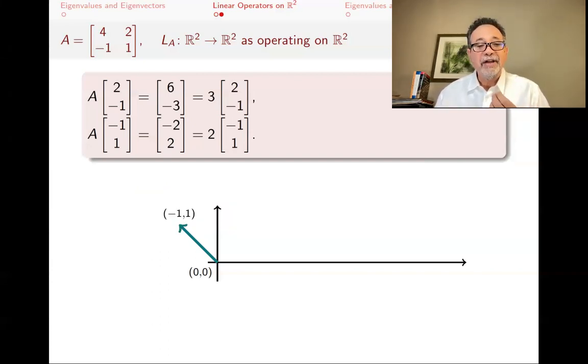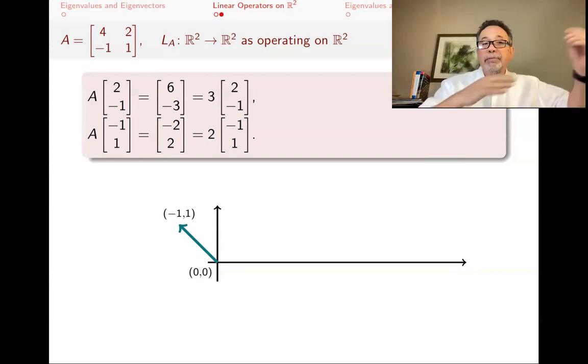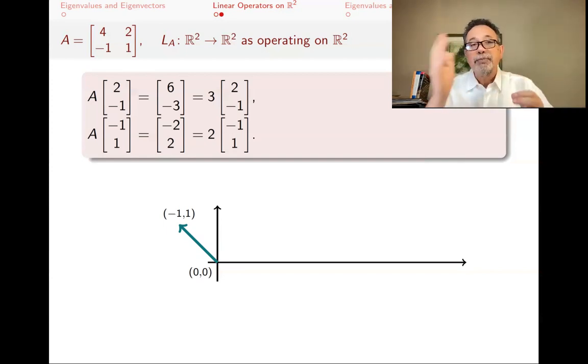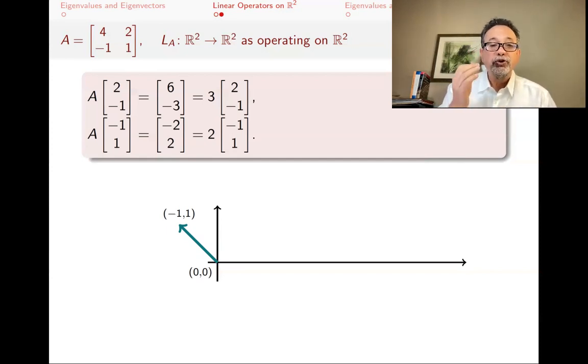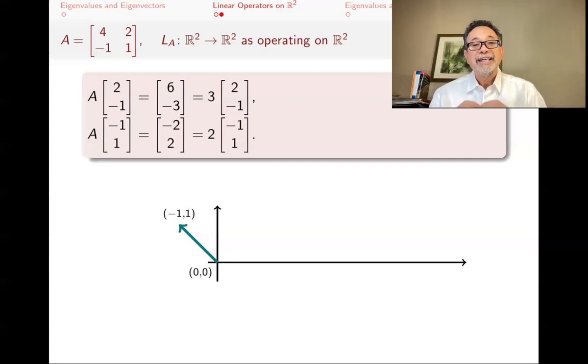So an eigenvector is a direction in R2 that is not being changed by the matrix A. The matrix A, for many of the directions we saw before, would take a vector and move it somewhere, maybe also stretch it or shrink it, but also rotate it. But for (2, -1) and (-1, 1), those were two directions that when you apply A to them, the direction stays the same and you only scale.